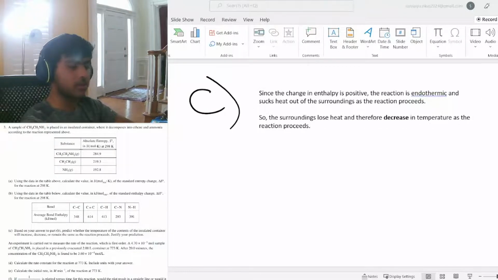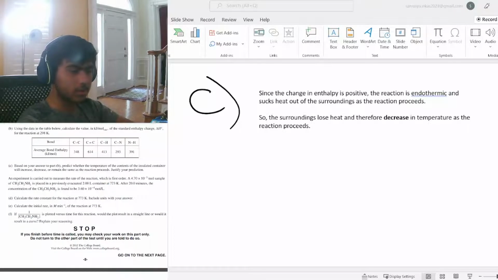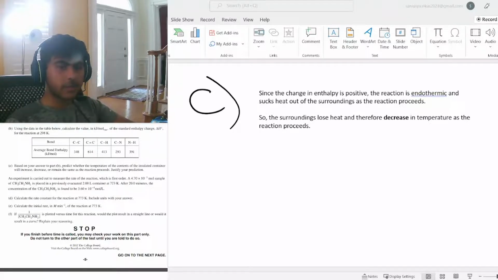Right, so I'm going to scroll down so we can see the rest of this. So let's see. An experiment is carried out to measure the rate of the reaction, which is first order. A 4.7 times 10 to the negative 3 mole sample of CH3CH2NH2 is placed in a previously evacuated 2-liter container at 773 Kelvin.